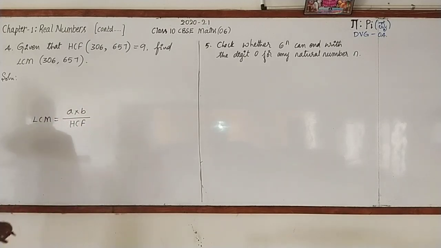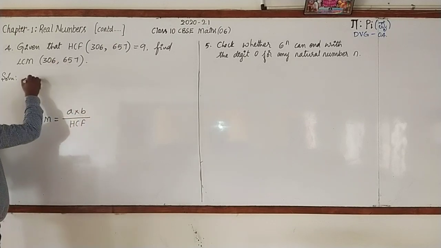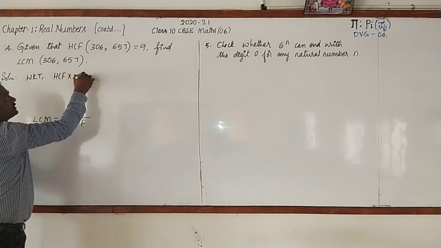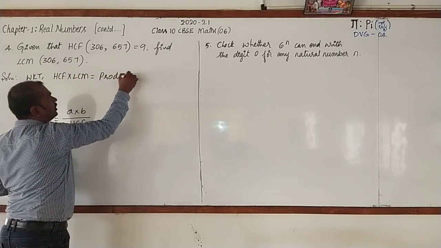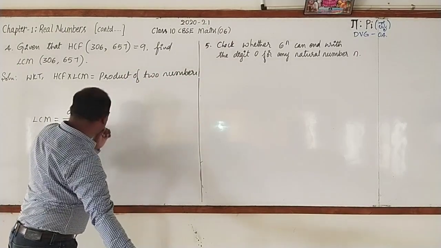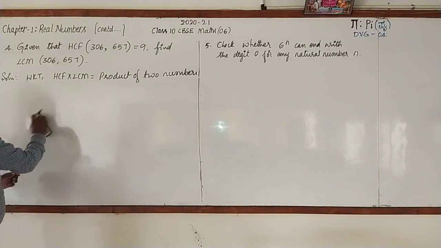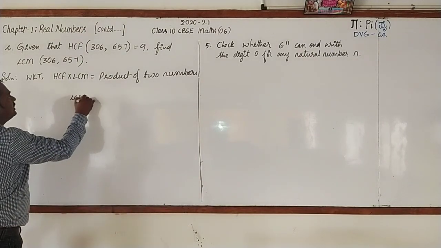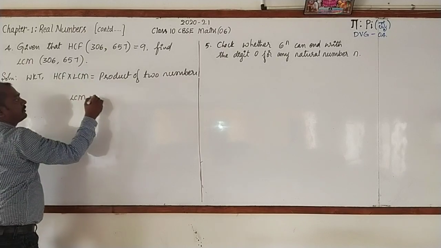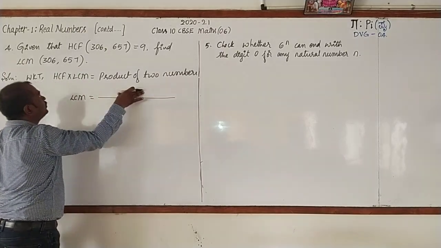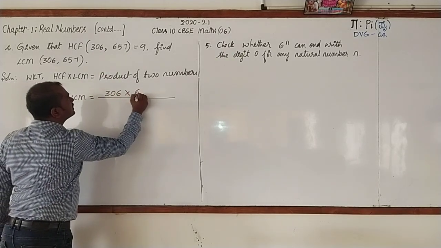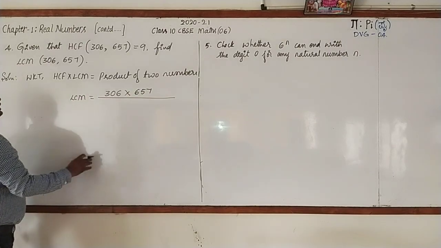Yes. Okay. Now, to solve this, I go for using the statement. We know that HCF into LCM is equal to product of two numbers. Right? Okay. Next. We want LCM. So I write LCM of the given numbers, 306 and 657, is equal to the product of two numbers, 306 into 657, divided by HCF.